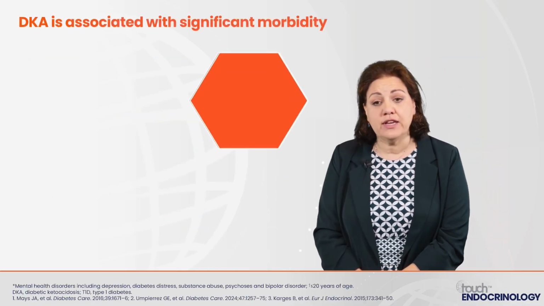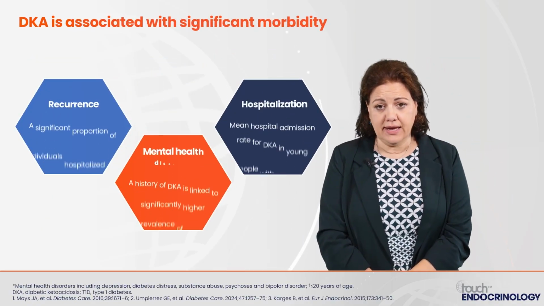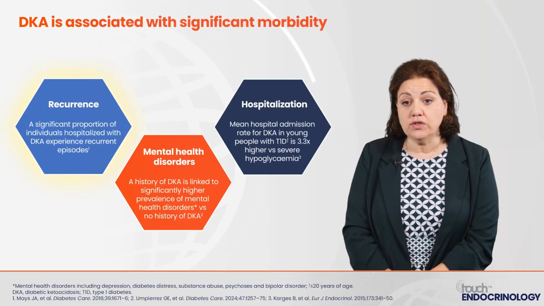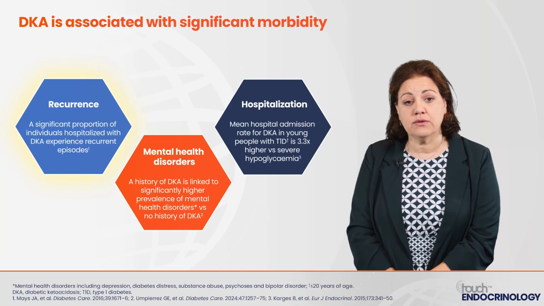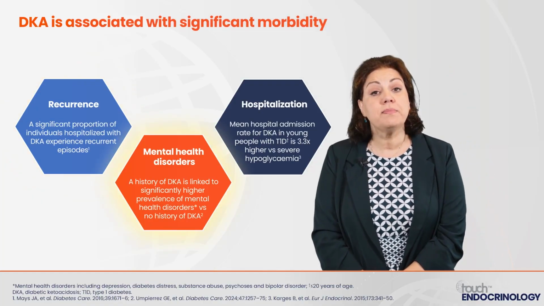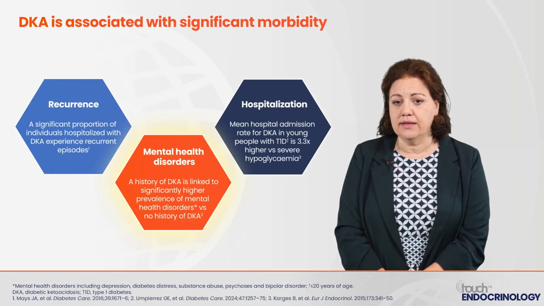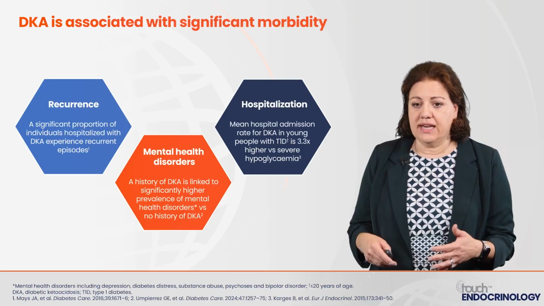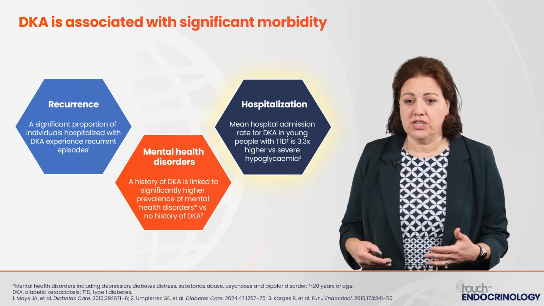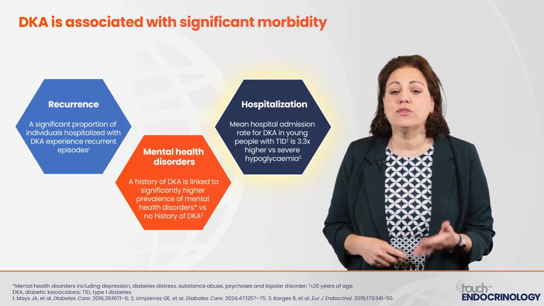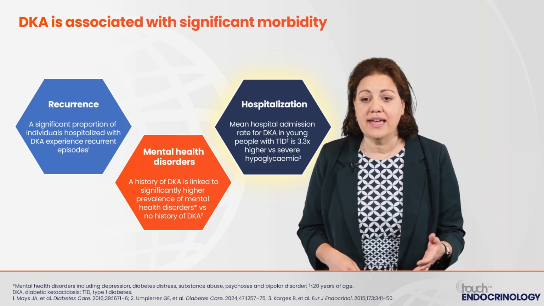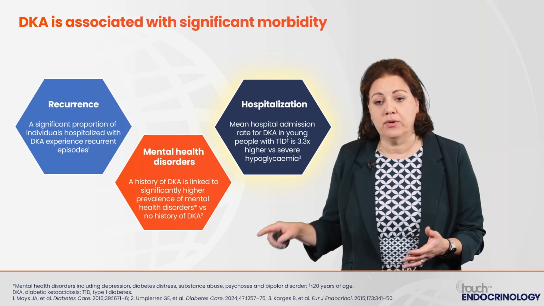So we know there's significant morbidity associated with DKA. Individuals with a history of DKA have a high risk of recurrence. Those with mental health disorders also have a higher frequency of DKA. And when we think about DKA, the rate of hospital admission is 3.3 times higher for DKA as compared to severe hypoglycemia.